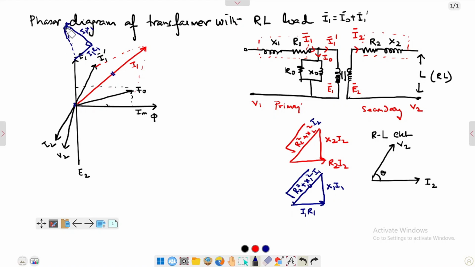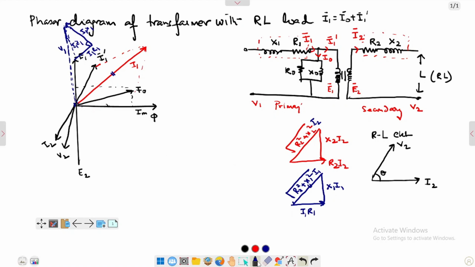If I take this one and join this, I get V1. So the line joining from here to here is my V1. Here to here is my I1 Z1.